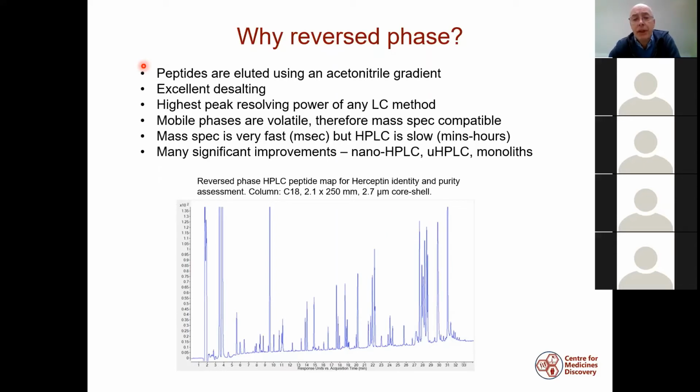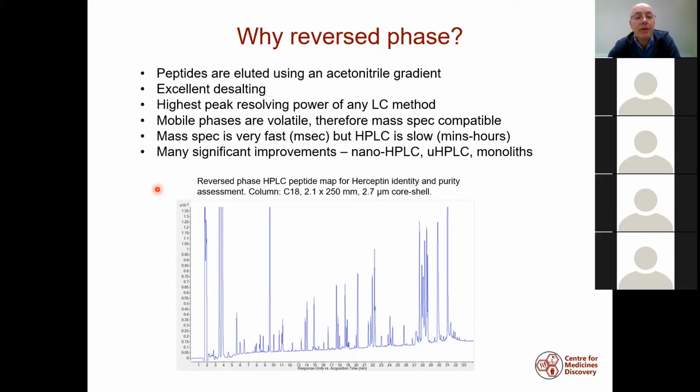Reverse phase HPLC also has the highest peak resolving power of any liquid chromatography method. I've shown you a beautiful example of this in the illustration. The mobile phases are volatile. Not all HPLC mobile phases are volatile, but for reverse phase they are. That's extremely useful because they are therefore compatible with mass spec.